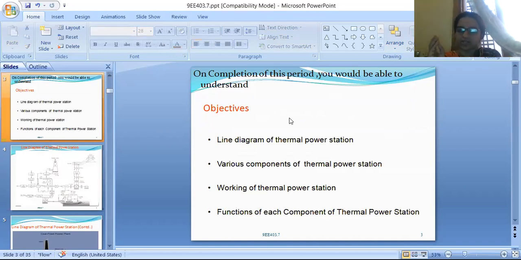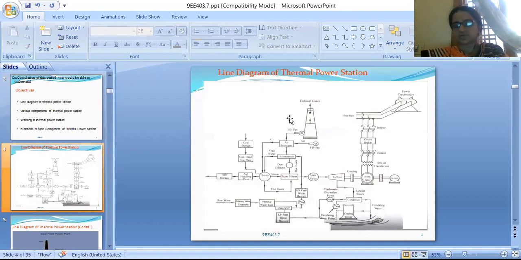What all components are involved in a thermal power station, and by joining all these components, how the thermal power plant works. The function of each component of the thermal power station I'll also discuss in today's class.